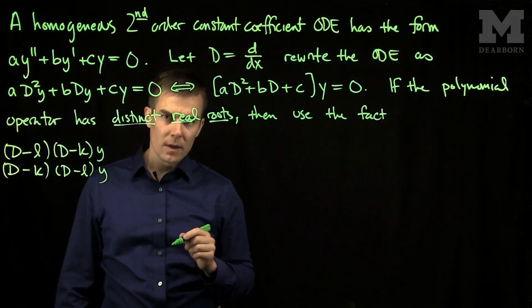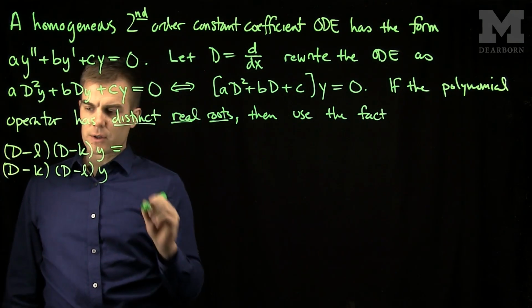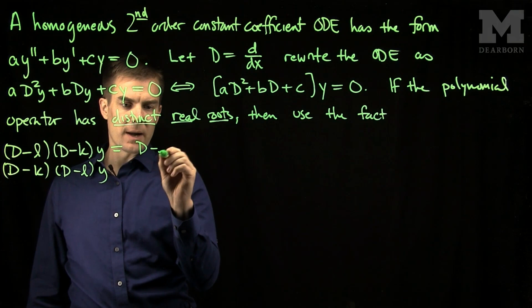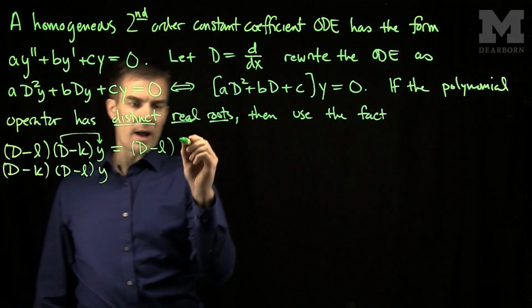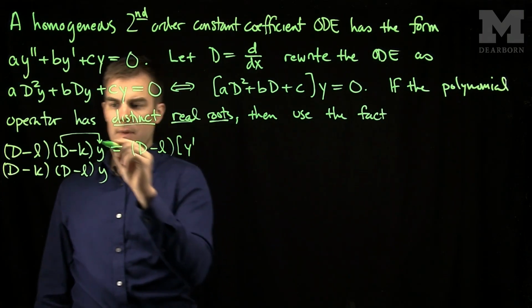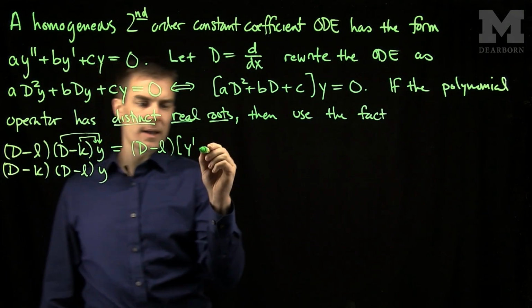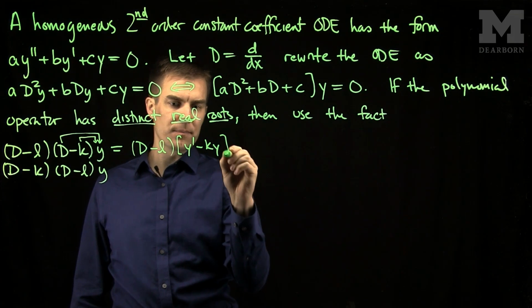The first expression we see is D minus L, and then D applied to y gives me y prime, and K applied to y gives me minus K y.